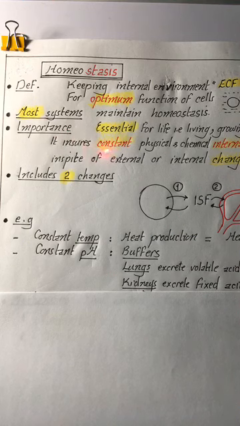It ensures constant physical and chemical internal environment despite changes in the external environment or inside the body, despite external or internal changes. The fourth point, homeostasis includes two changes.